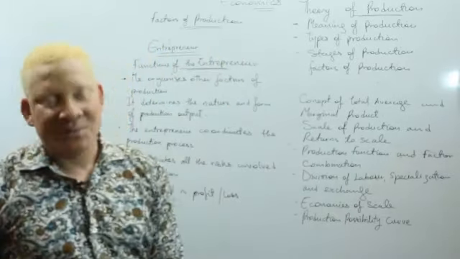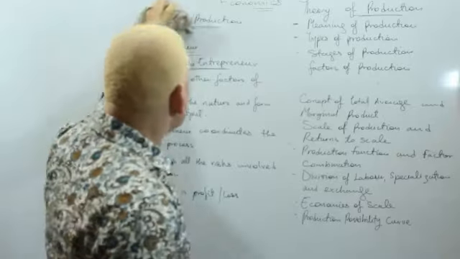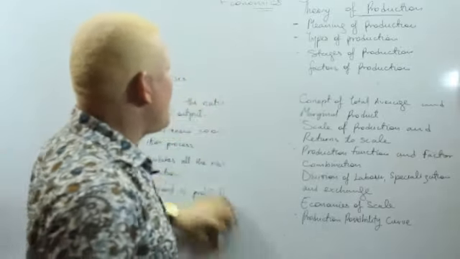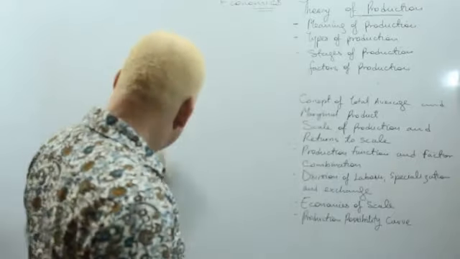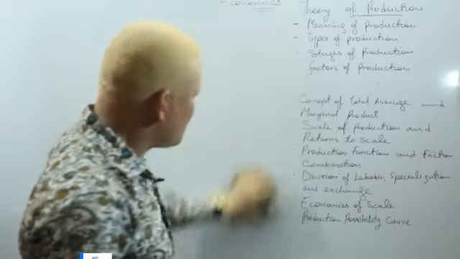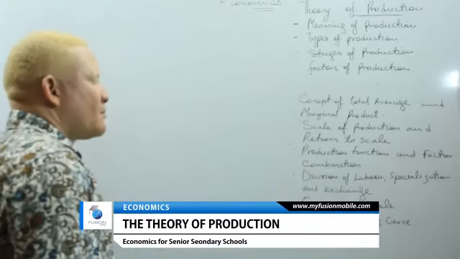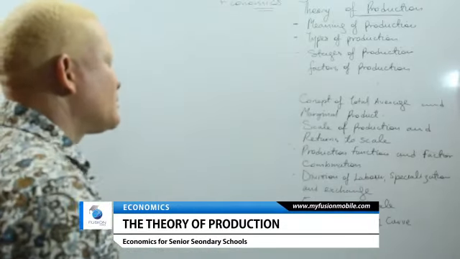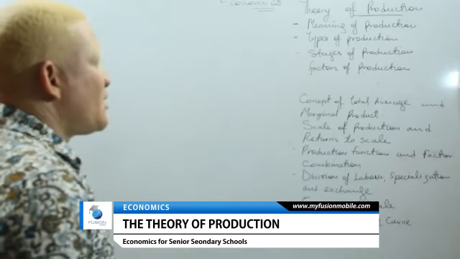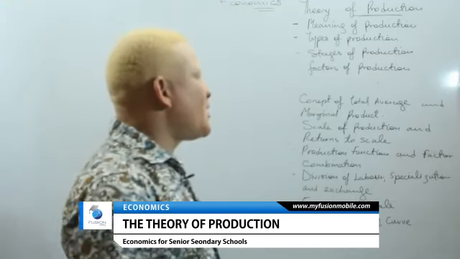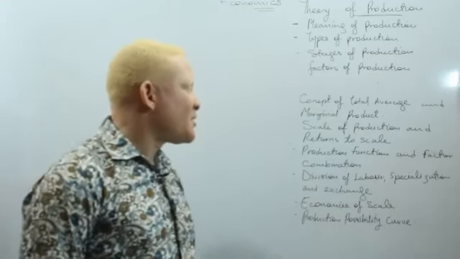The next part we'll take a look at is on our outline. After factors of production, we have the concept of total, average and marginal productivity.